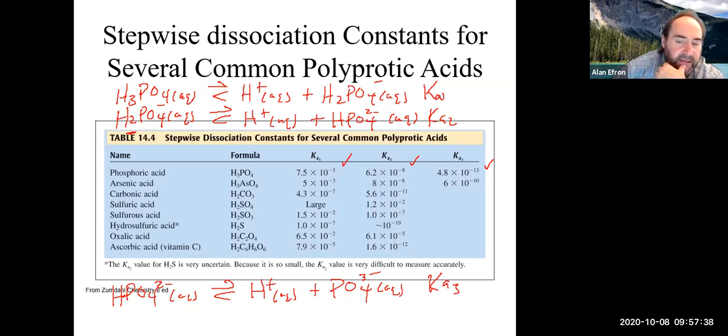So as we go downward, with each of the H's coming off, the Ka value gets smaller and smaller. When we have a small Ka value, that means we mainly have reactants. So as we get to the third one, we're mainly going to have the reactant. The second one, also mainly the reactant. The first one is the largest, so we expect more of the product to come off. That's the trend that we see for all of these.